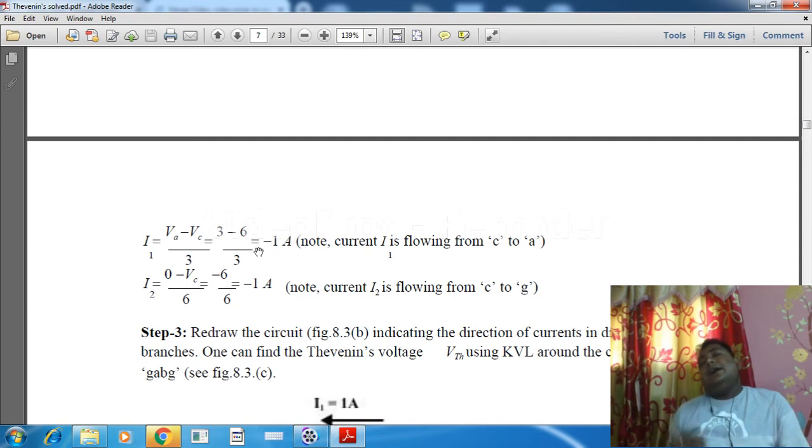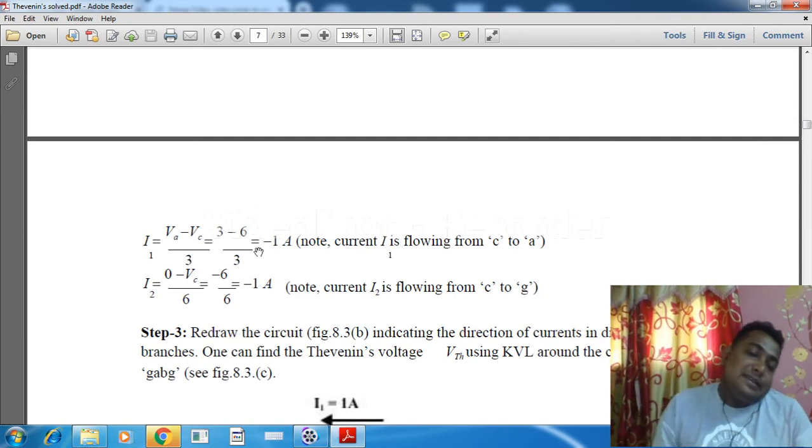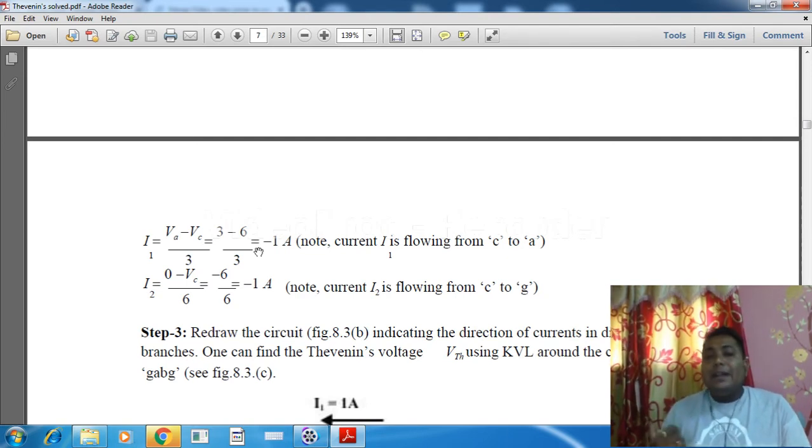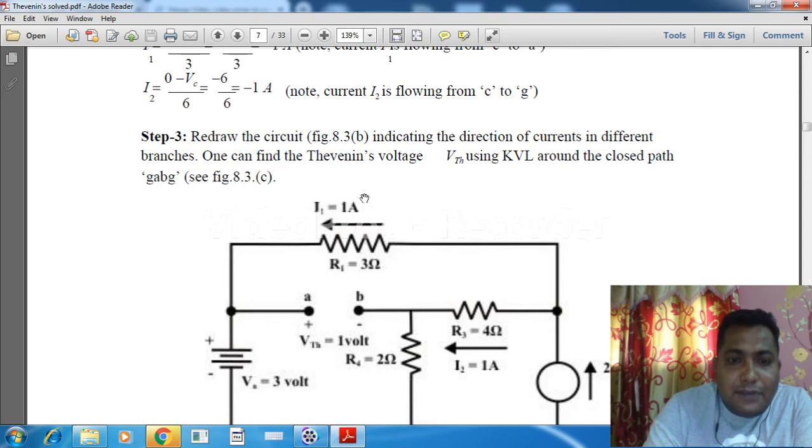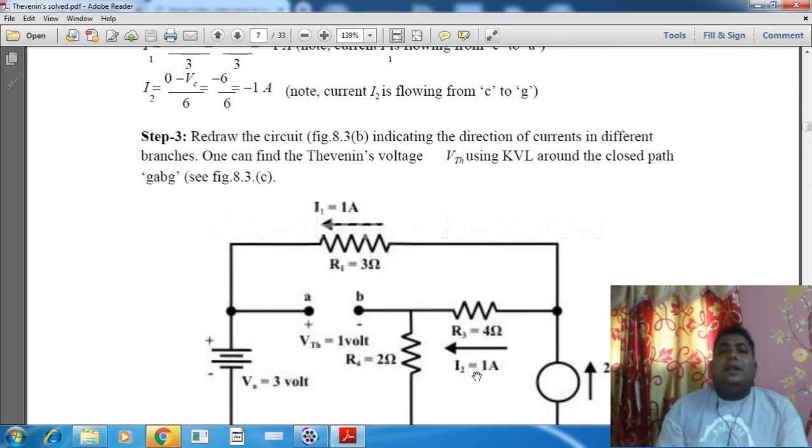What does that negative signify? It signifies the direction of the current: whatever direction we assumed is actually opposite. That's why in the next picture we have changed the directions. Here is I1, here is I2, all directions are reversed.